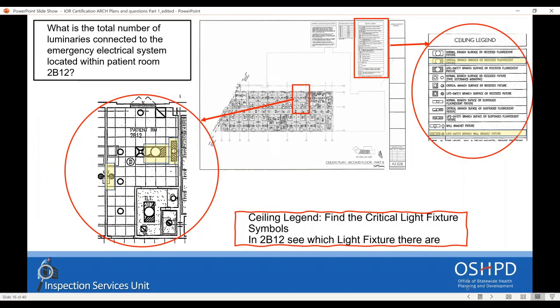So remember, you always need to be flexible. We are enlarging the ceiling plan for a better look, and what do you see? You see different symbols and different information for light fixtures.